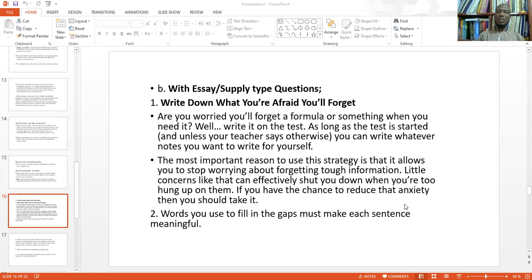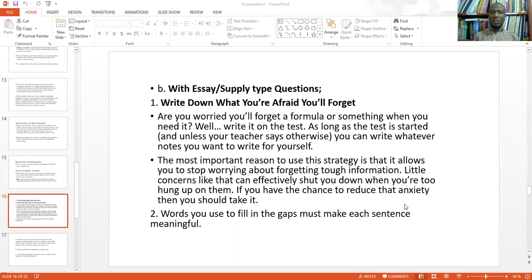It says that because you may forget some of the things you wanted to write, immediately you get your answer sheet, turn to the back of your answer sheet and write down the points you need.